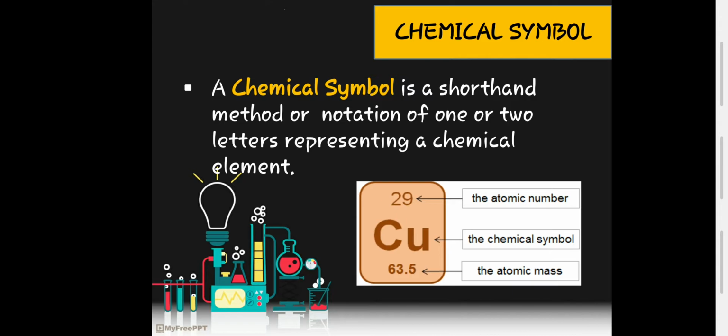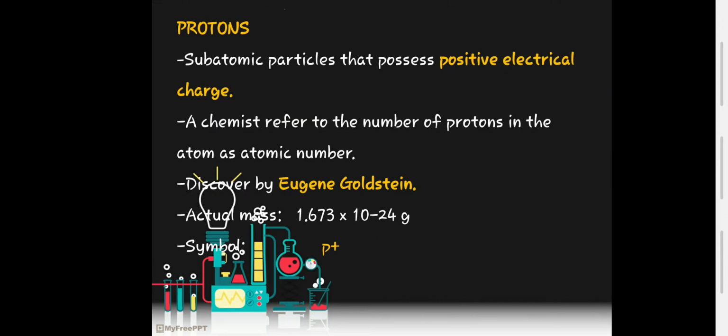As I've said, in a periodic table we can see the names of the elements, but the most significant there is the symbol. As you can see, this element is copper, so the symbol for copper is Cu.